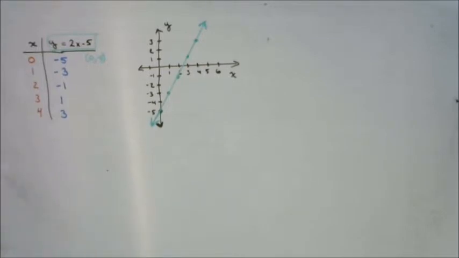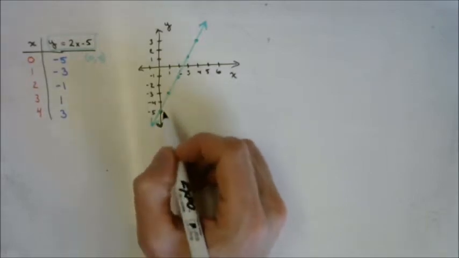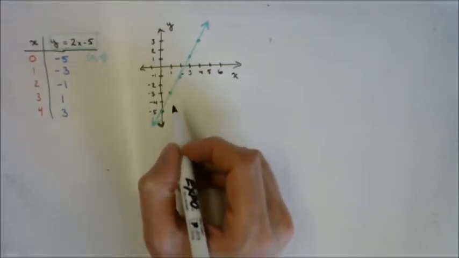Now the next thing we're going to do is calculate our slope. So far, when we've been doing the slope of a line, we've been doing a line segment. But we know that the slope is going to be constant for the whole line. So we can choose any points on the graph to calculate our slope.